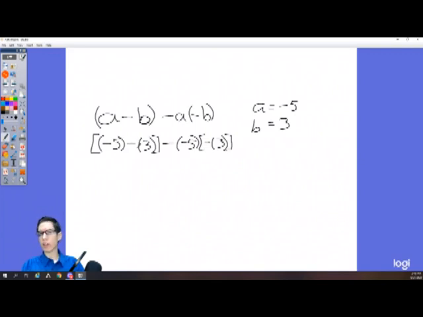The rules say we add the values, keep the sign. They have the same sign, both negative, add value, keep that sign. So 5 plus 3, that's 8, and the sign we're keeping is a negative. Great. We'll go ahead and keep that in parentheses, saying that we took all of that and put it into this package here.